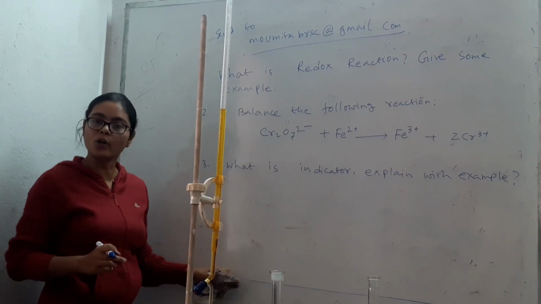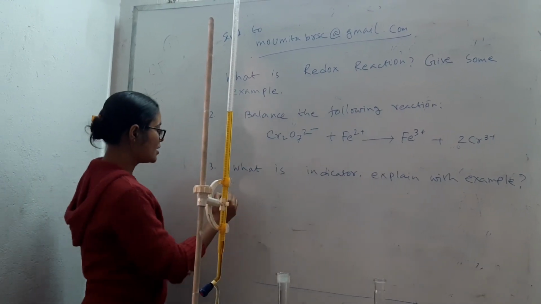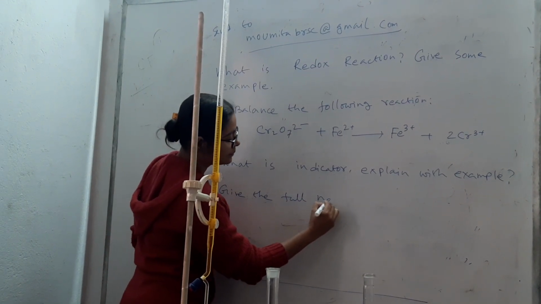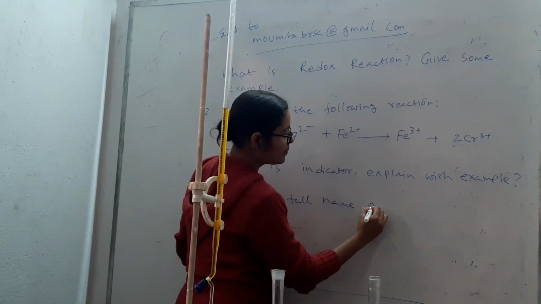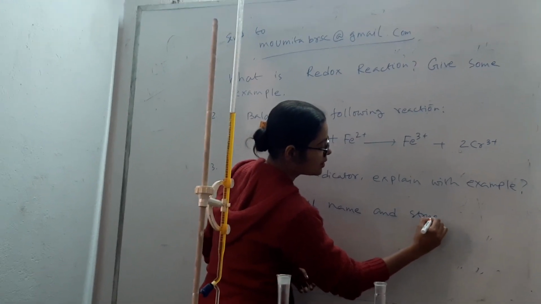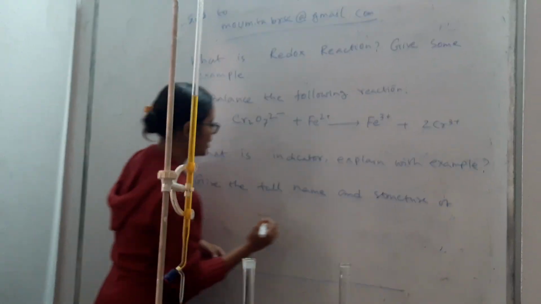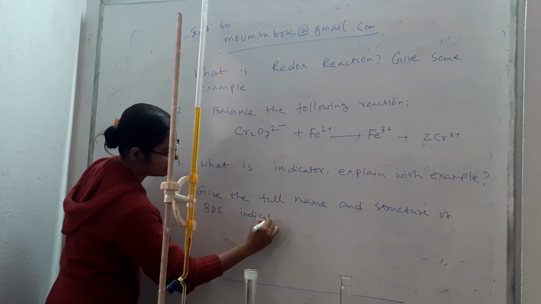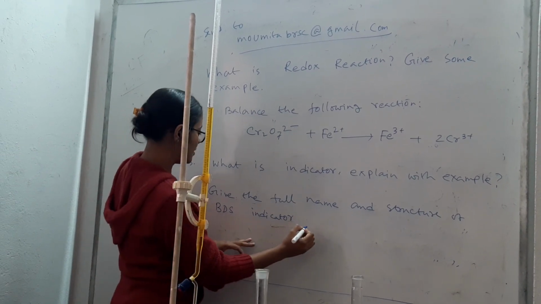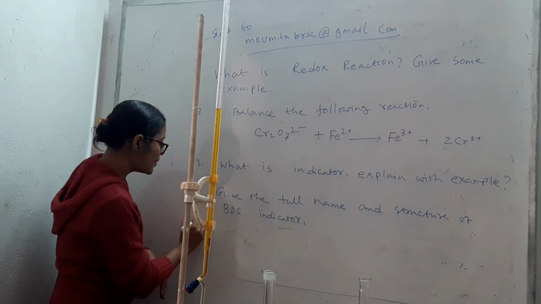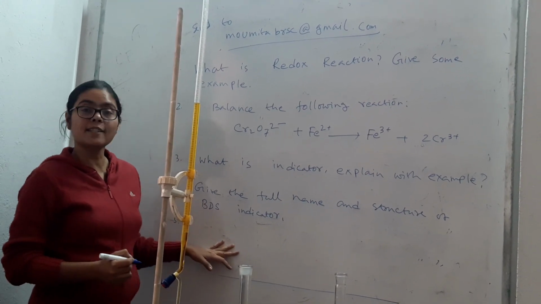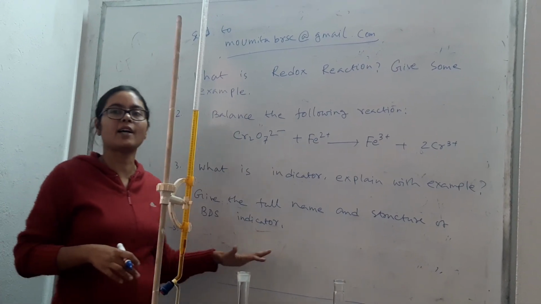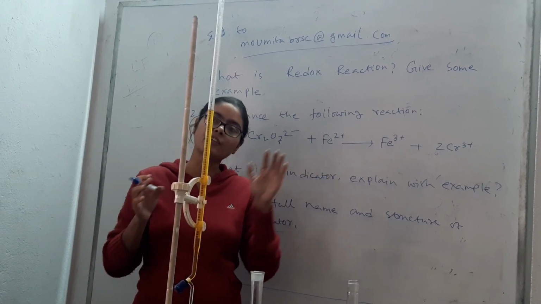Then number 4. Give the full name and structure of BDS indicator. Okay. And number 5. You can find this out yourself, because this is also here, but I am not indicating it. So you search yourself.